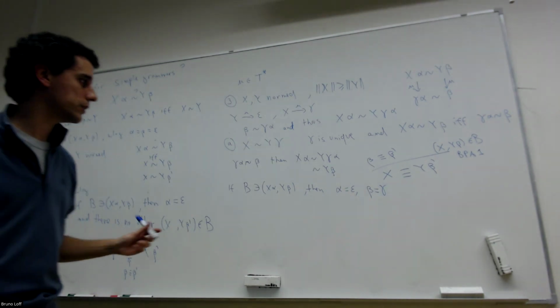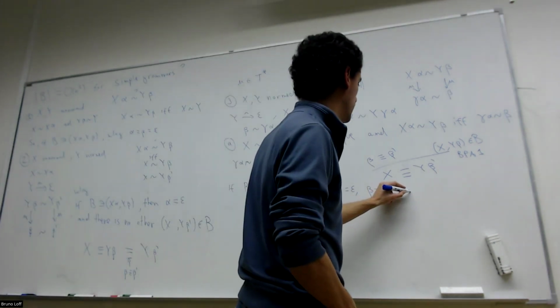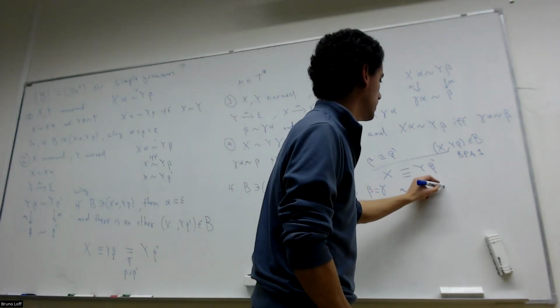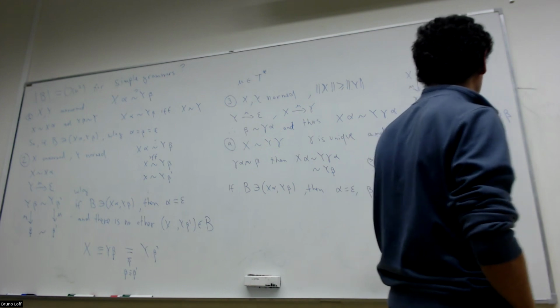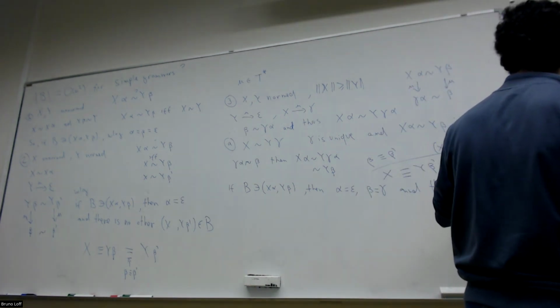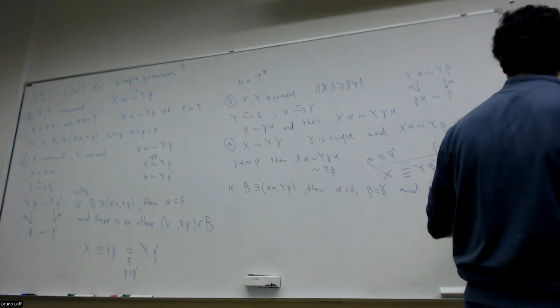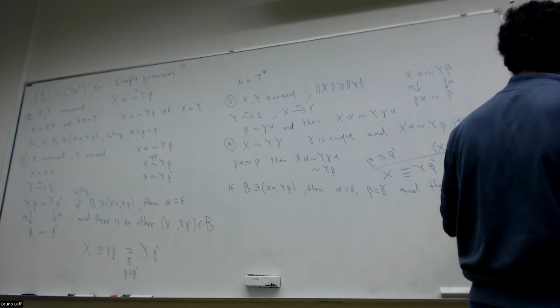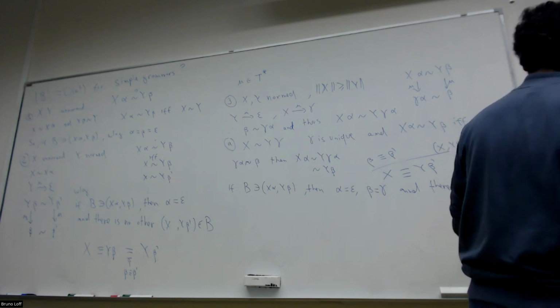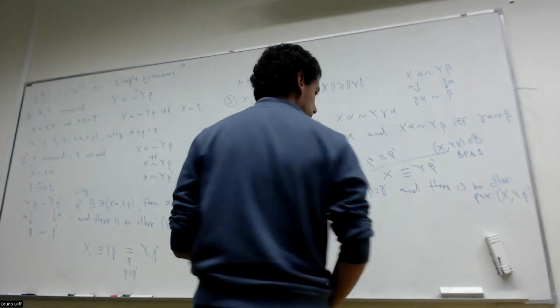And there is no other pair. Let's call it x, y, beta in B.